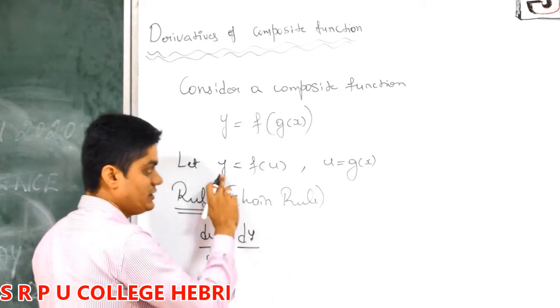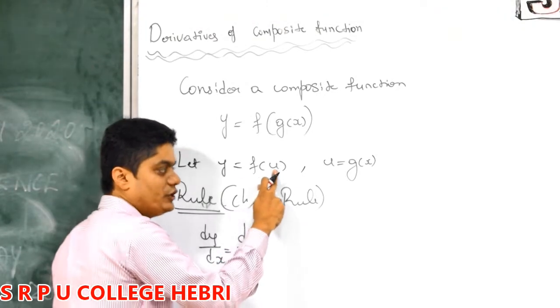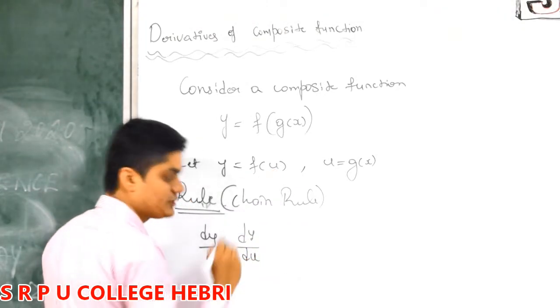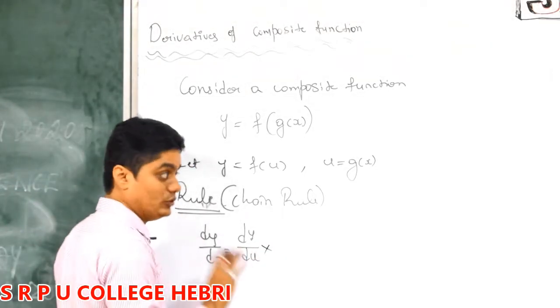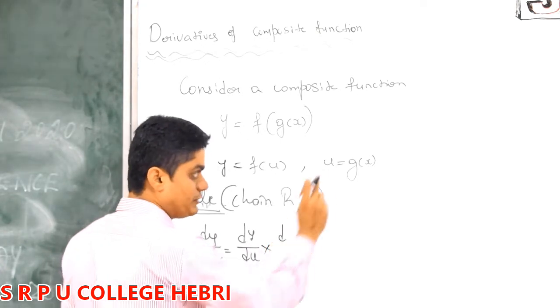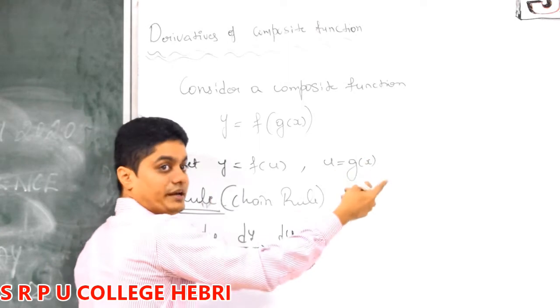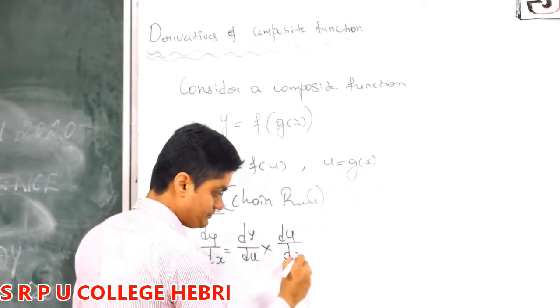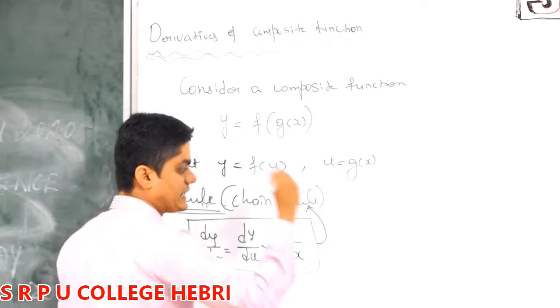What is y actually? The dependent variable. What is the independent variable here? u. So you should differentiate with respect to the independent variable. Into, remember that, the next one: variable u is dependent here, so you have to differentiate that with respect to the independent variable. What is the independent variable? x. So this is called the chain rule.